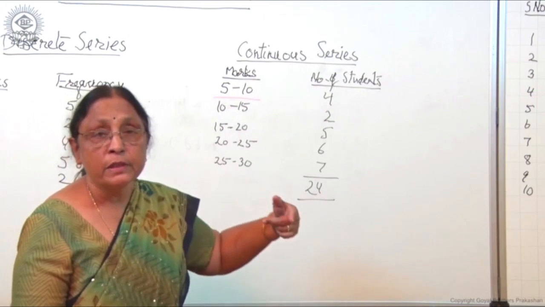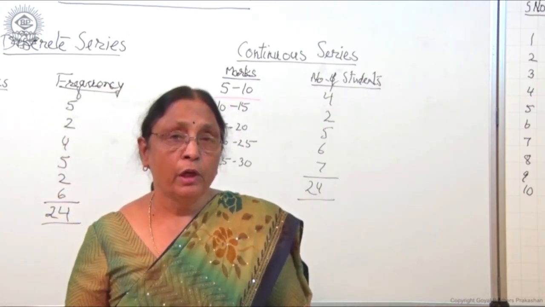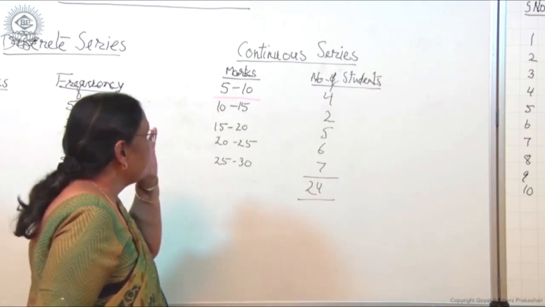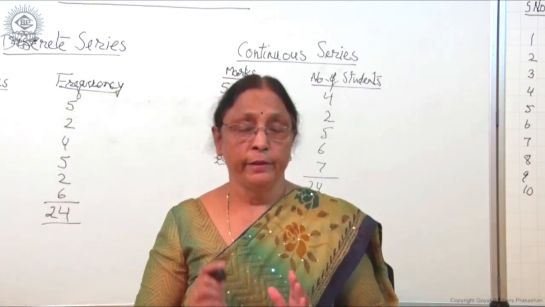Now another step is we have to decide how many classes you are going to take when you are compacting the data. Suppose you have collected data ranging from 0 to 100.